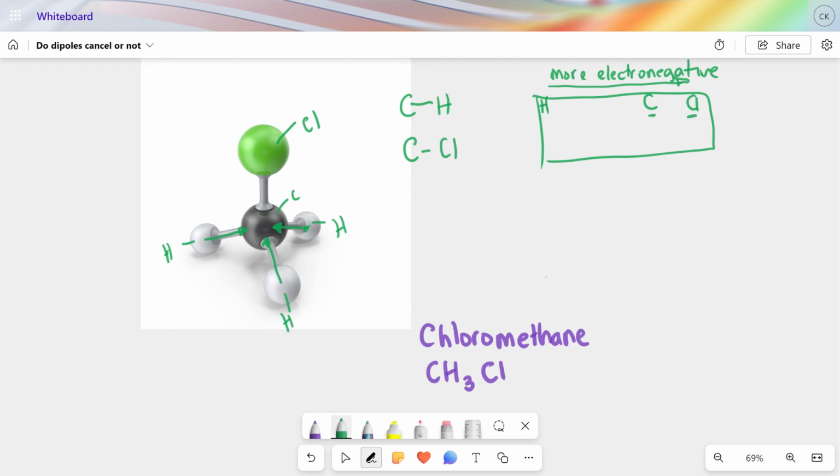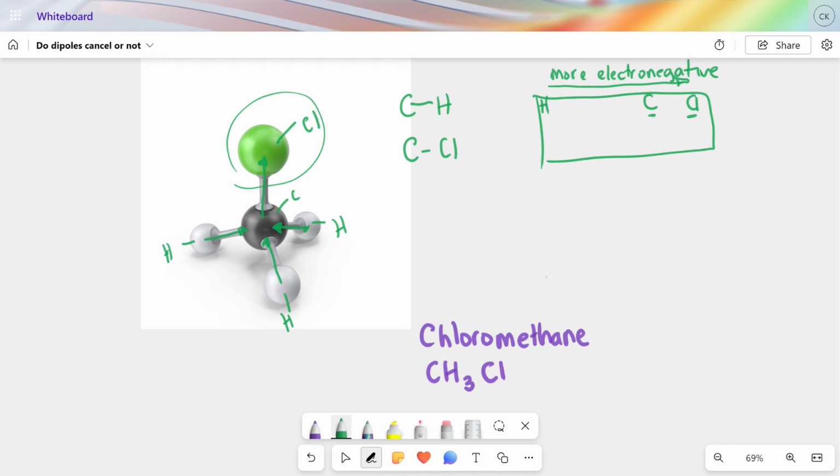So that means this bond pulls in the opposite direction. It doesn't actually matter whether it pulls in the opposite direction or moves in the same direction. All that matters for symmetry is that this atom that's attached here is different to the others.